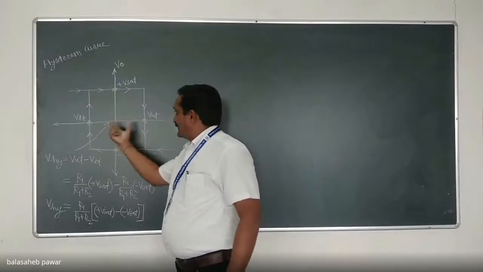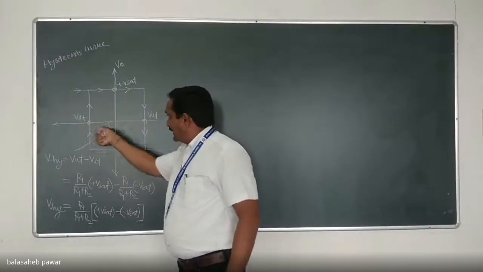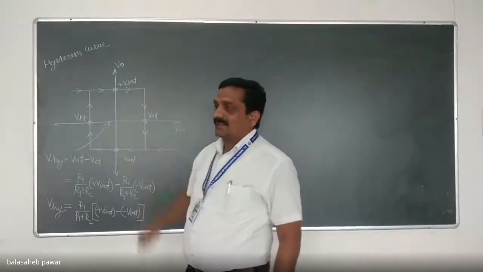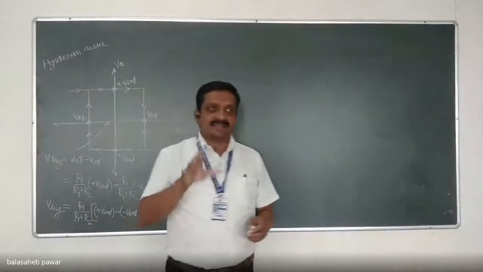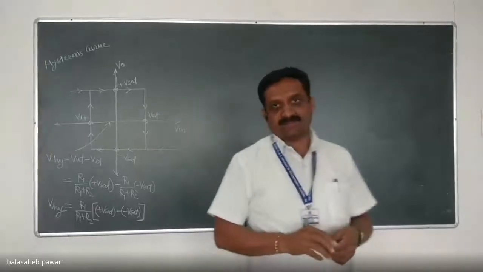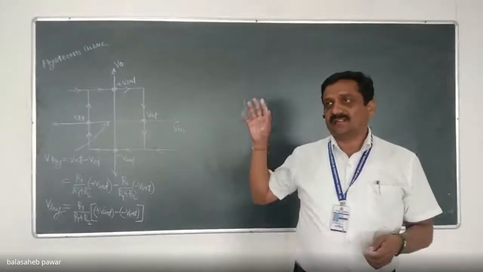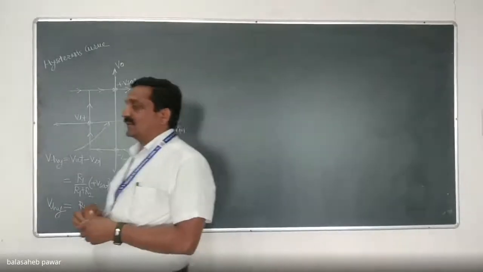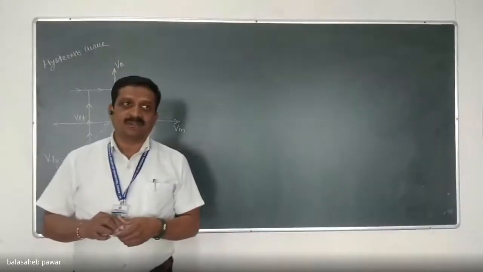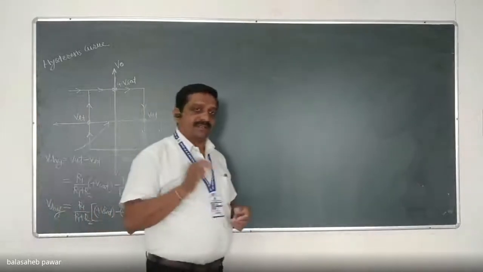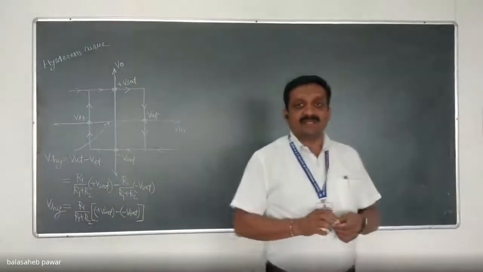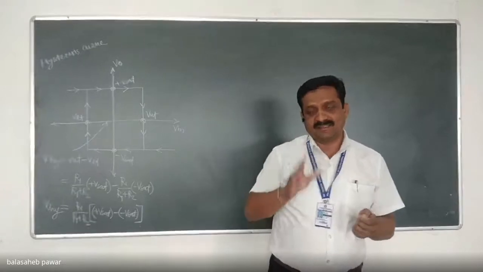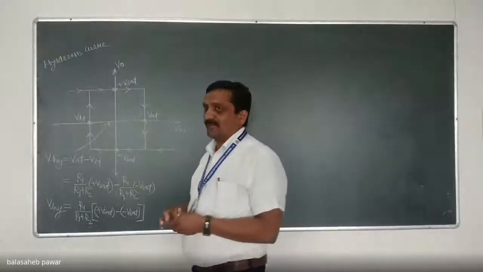That means the distance from origin to VLT and origin to VUT will be equal. As VLT and VUT are equal in magnitude, we can call that a symmetrical Schmitt trigger.